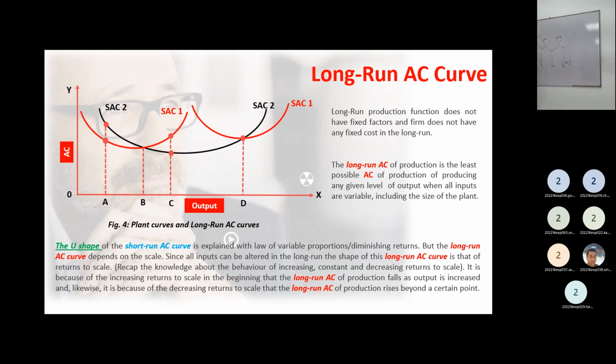So when it comes to the short run, for each level of plant size, which could be your machineries or your factory, you are producing a given level of output in a particular plant size. Accordingly, these are the average costs you have to incur in the short run. Is that clear?